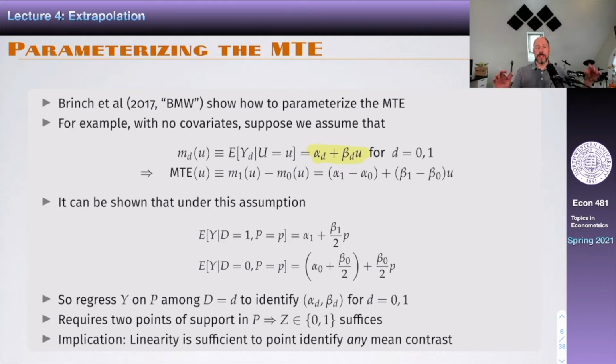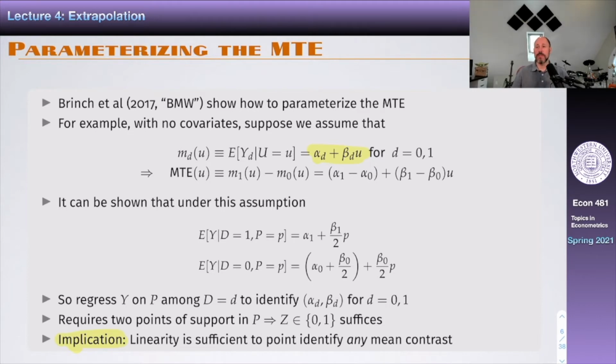So notice I wrote here an implication, hopefully you're paying attention: we learned before that in order to identify the marginal treatment effect, we needed an instrument that was continuous and a propensity score that had full support, okay? And now by assuming that this marginal treatment effect is linear, we can identify the entire marginal treatment effect function with a binary instrument, okay?